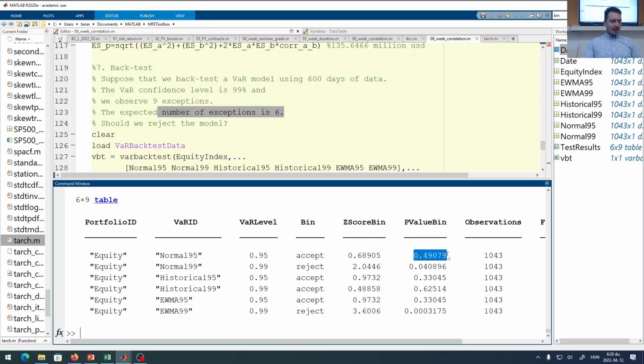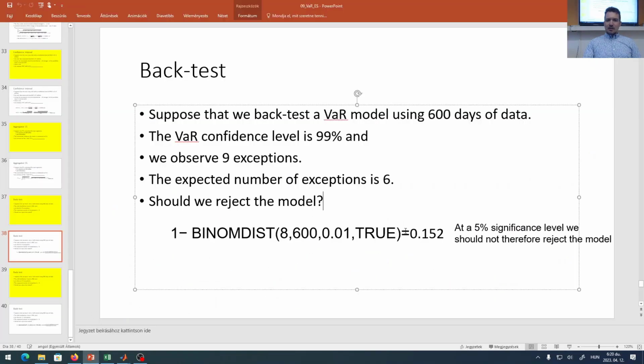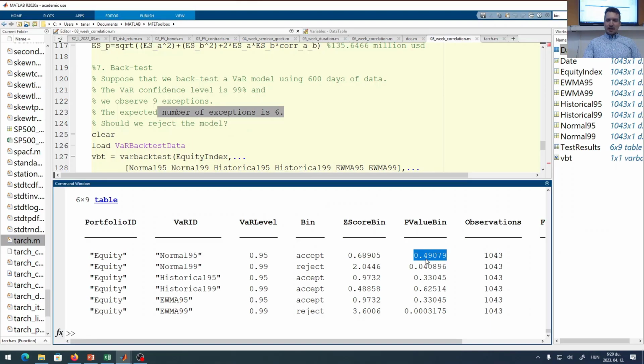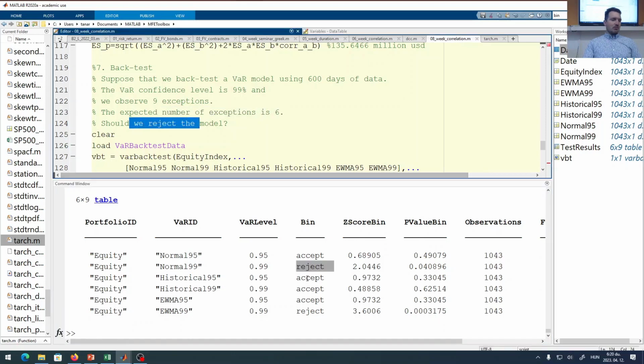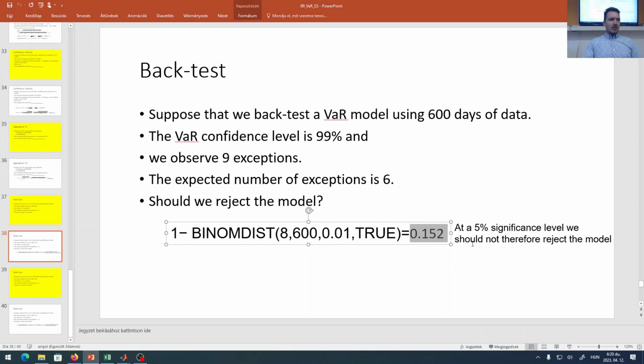What we can see here is that at the end of the day, it gives us a test result. So this is the p-value, and if it's under 0.05, then it will be rejected. So the reject-the-model answer is yes. If we are above it, we should not reject the model.